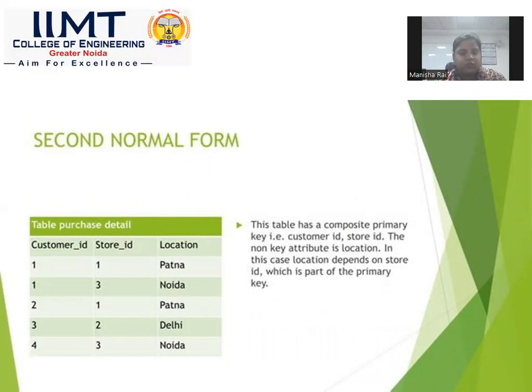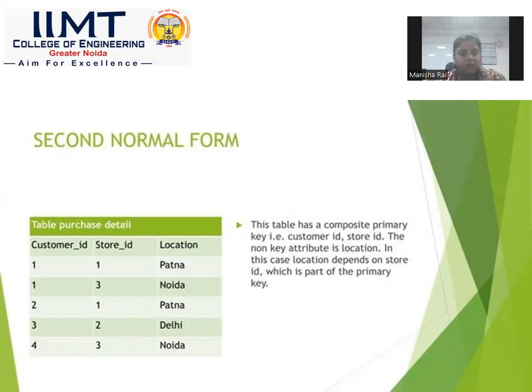If you look carefully at the data, you can see that no single column represents a primary key, because in every column the data repeats again and again. Just like in customer ID, the value 1 is repeated 2 times. In store ID, the values 1 and 3 are also repeated 2 times. Location is always repeating the data again and again.